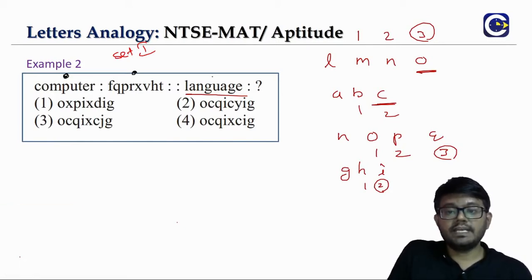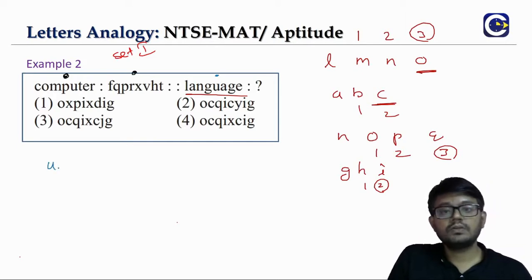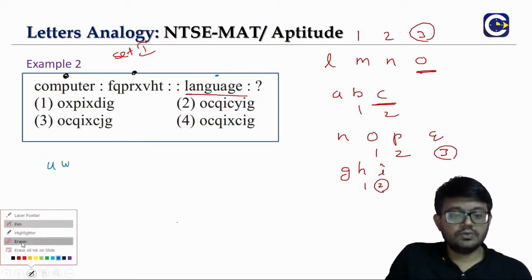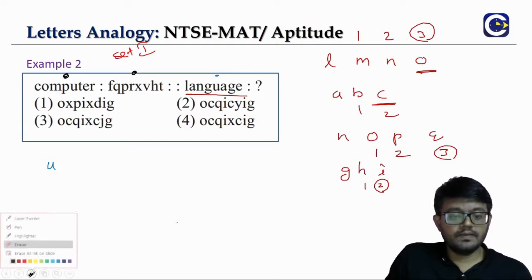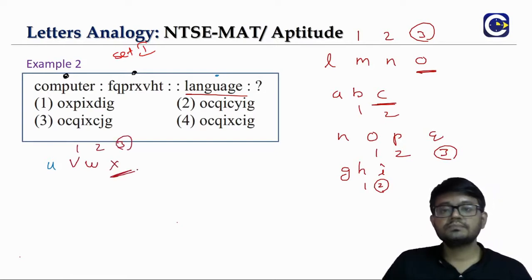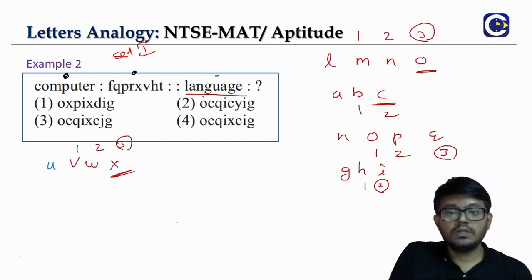We come up to G, right? Then U. What is it? V. After U, what will come? V, W, X. 1, 2, 3. 3, 2.